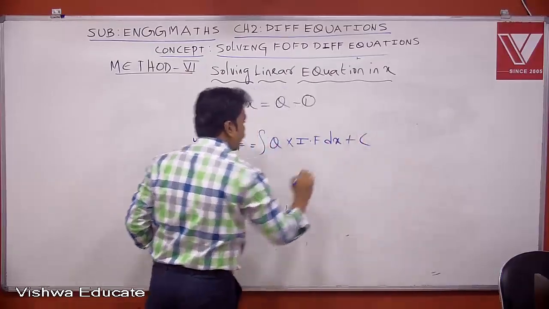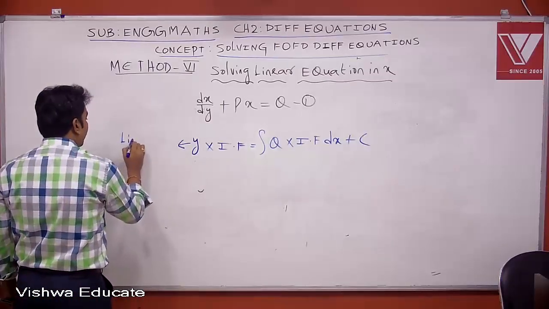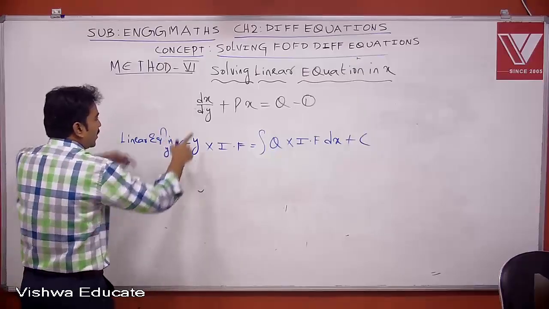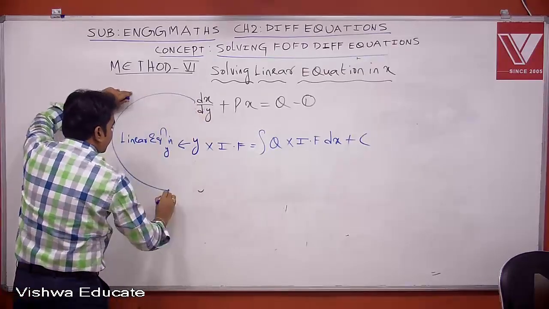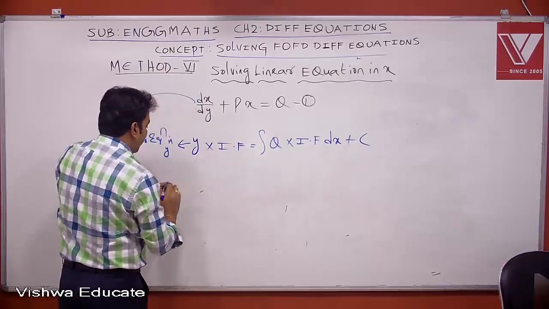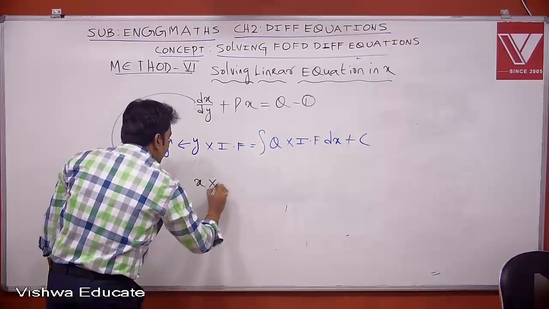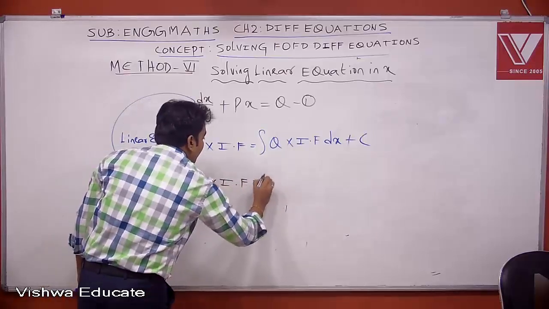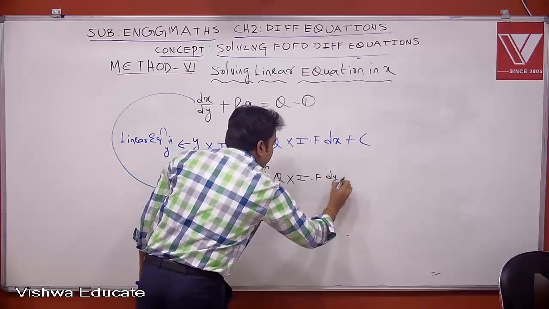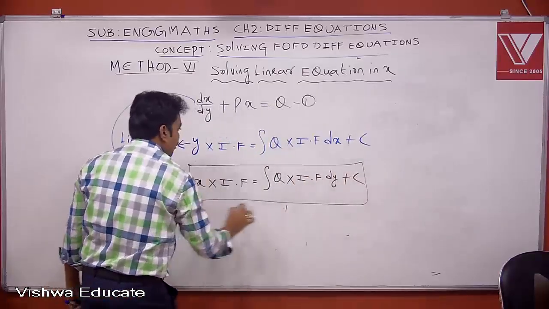But I want the general solution of a linear equation in x. So in this case, just interchange the positions of y and x. Therefore, my general solution will be x times IF equals the integral of Q times IF dy plus c. So this is the general solution of equation 1.